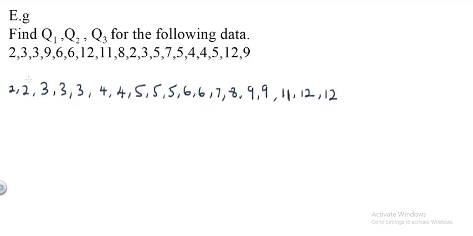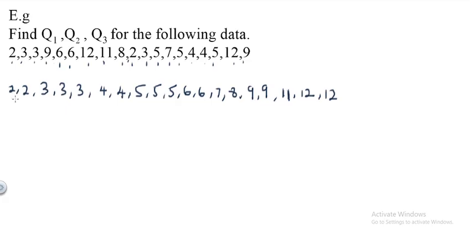How do we know if we didn't make a mistake? You count these numbers here and you count these numbers here. They should be the same, or otherwise you made a mistake. Counting this one: 1, 2, 3, up to 19.